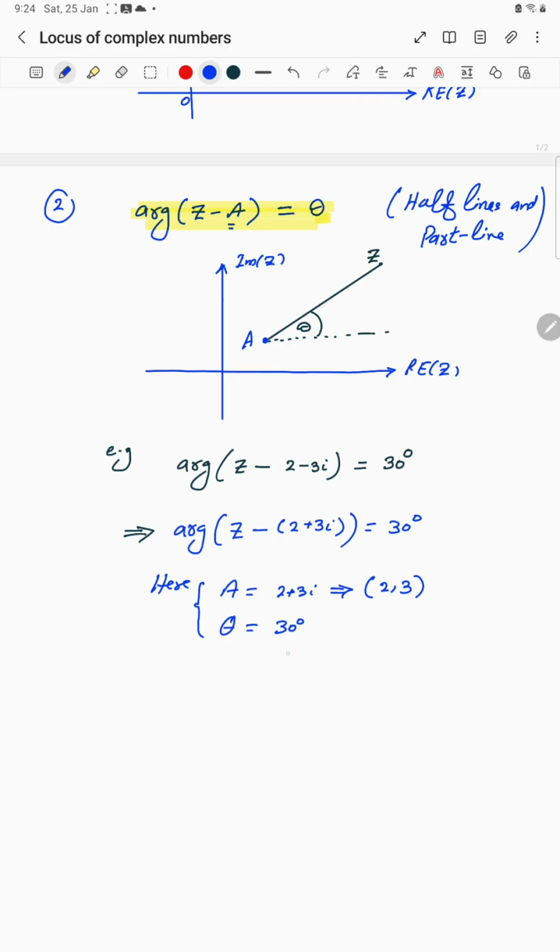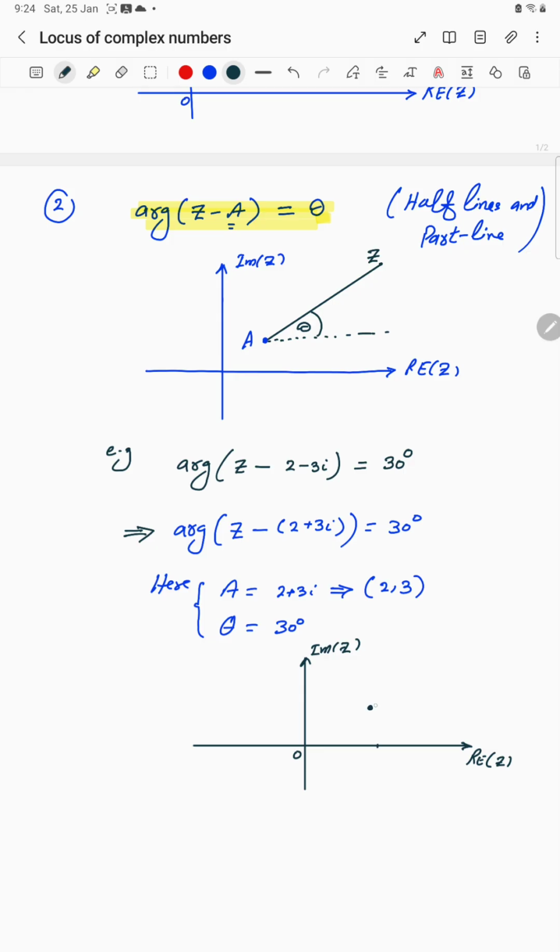So on an Argand diagram, we can draw the locus, with real of z and imaginary of z axes. Here x is 2 and y is 3.